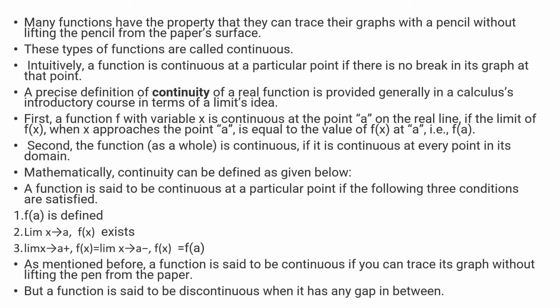First of all, f of a is defined. Then limit x tends to a, f of x exists. Limit x tends to a plus f of x, limit x tends to a minus f of x is equal to f of a. So these are the different conditions which you have to satisfy to make sure that your function is continuous.